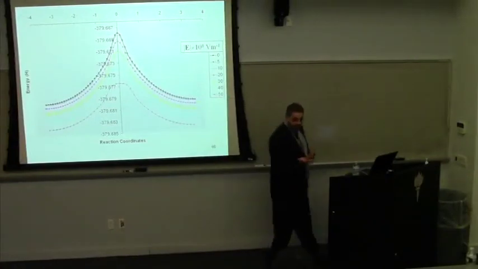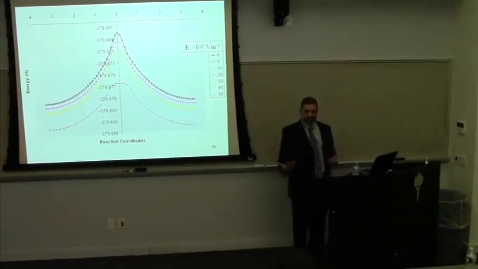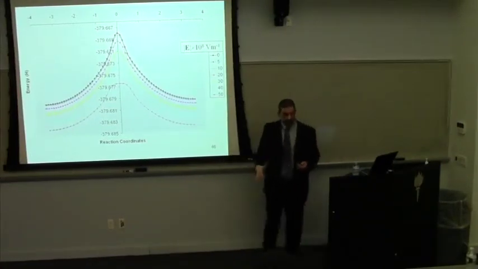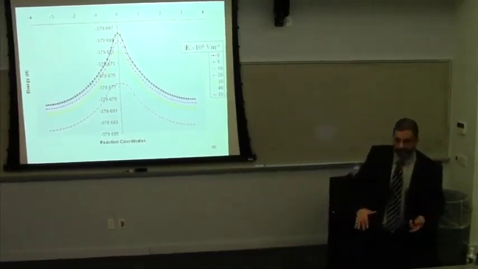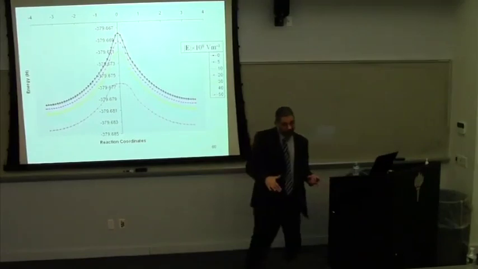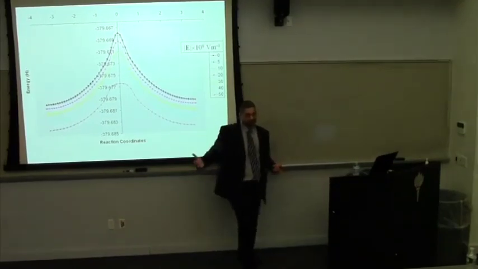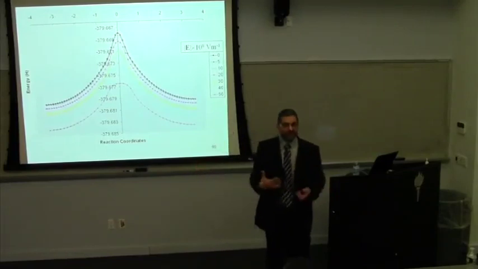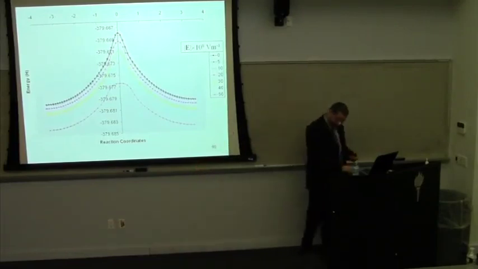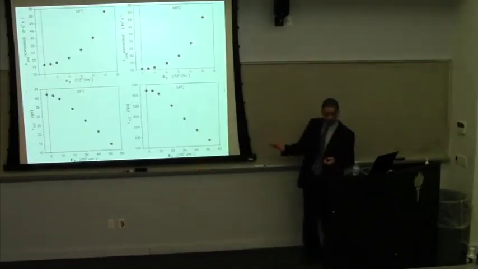So it does two conflicting effects. When you flatten the barrier, you slow the tunneling, so you slow the reaction. When you reduce the barrier, you increase the over-the-barrier kinetics. So it's conflicting. The net result is still acceleration.